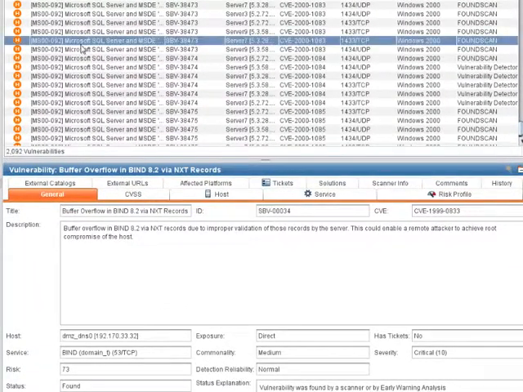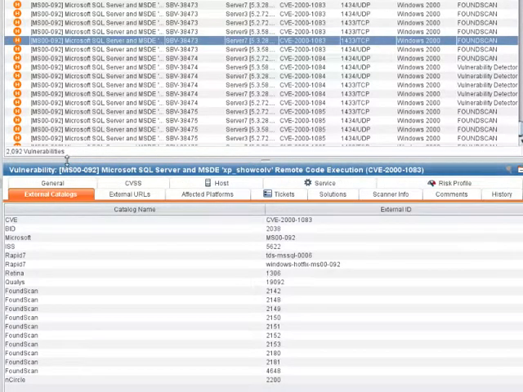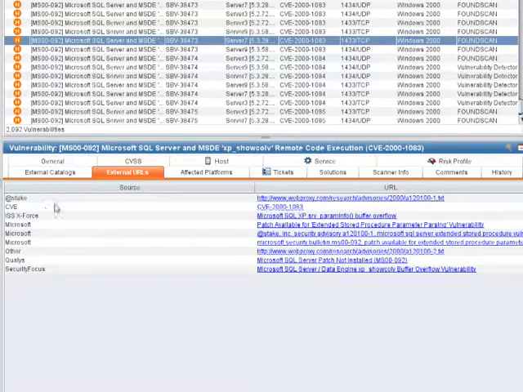So if I look at one of these particular vulnerabilities, I can see the external catalogs. These would be all the different places where this vulnerability could be seen in other products. I can also see external URLs. These are different places where an administrator might want to go to explore information about this particular vulnerability.